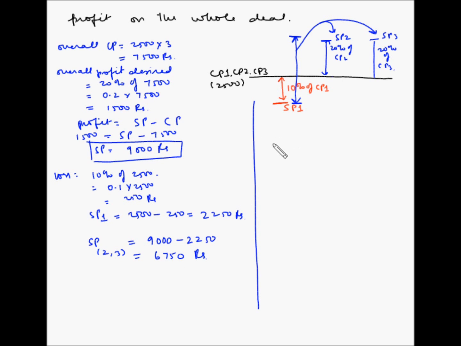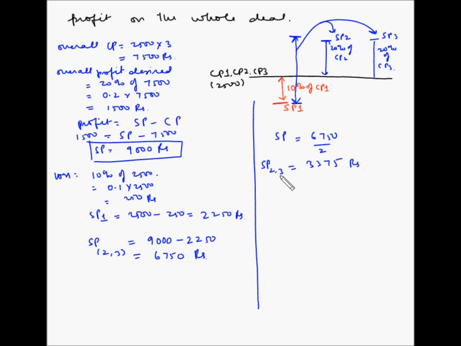So if we divide this by 2, selling price is equal to 6750 divided by 2, which is equal to 3375. So selling price for 2 and selling price for 3 should be equal to 3375 rupees.